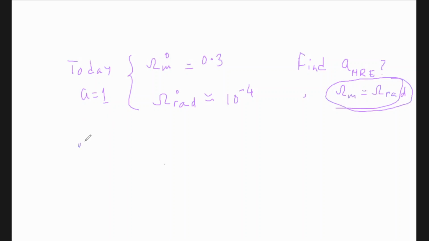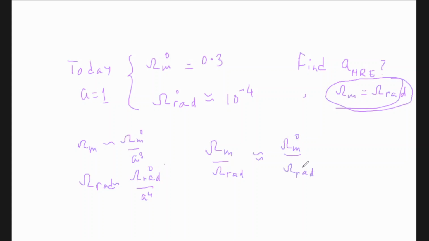You know that omega m goes as omega m0 by a cube, and omega rad goes as omega rad 0 by a to the power 4. So omega matter by omega rad goes as omega m0 by omega rad 0 times a to the power 4 by a cube.